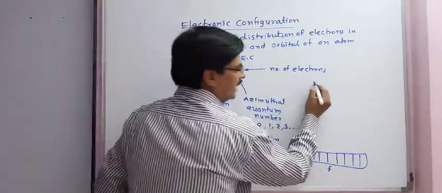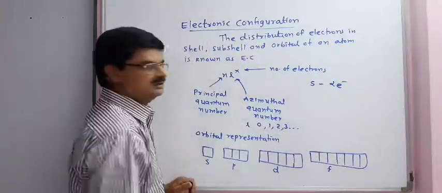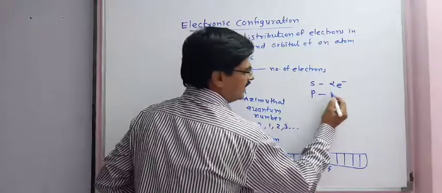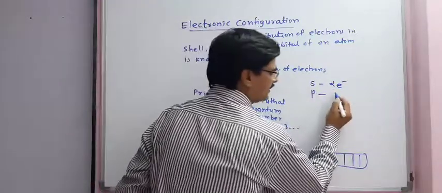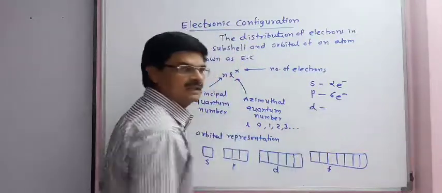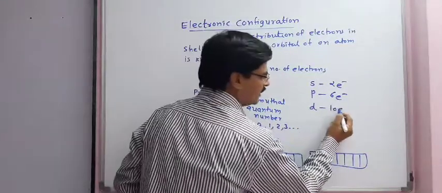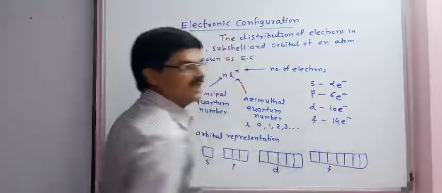Now the s subcell can contain maximum 2 electrons, p subcell maximum 6 electrons, d subcell maximum 10 electrons, and f subcell maximum 14 electrons.